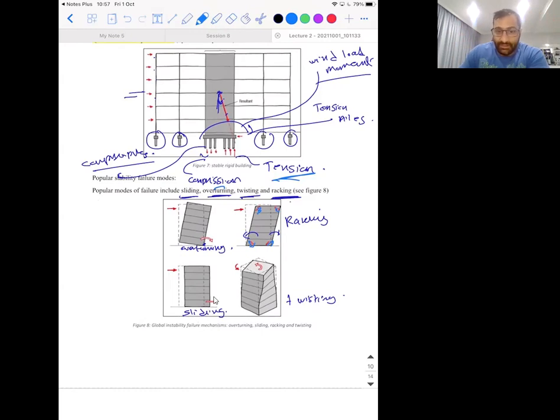It's a failure through sliding. And we have twisting. Twisting is usually earthquake related. You have the building twisting, creating torque on the structure. And believe me, structural members, especially concrete members, hate torque.